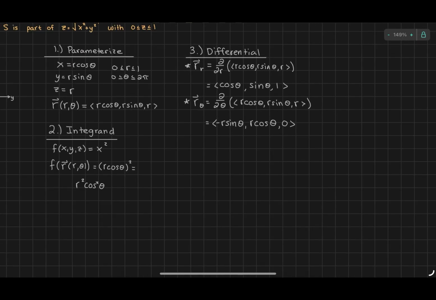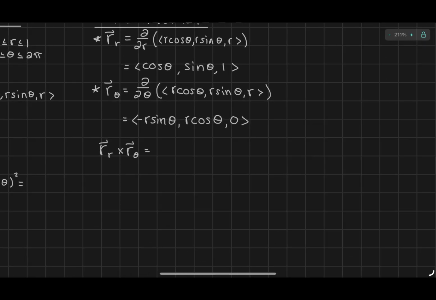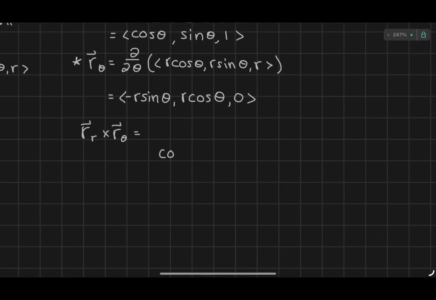So we have our two terms now. Let's go ahead and make our determinant. We're going to have our r sub r cross r sub theta. Let's just go ahead and write down our terms first. We're going to have cosine theta, sine theta, 1 as our r sub r, negative r sine theta, r cosine theta, and 0, with our i, j, and k on top.